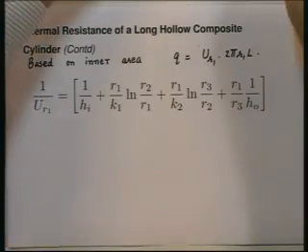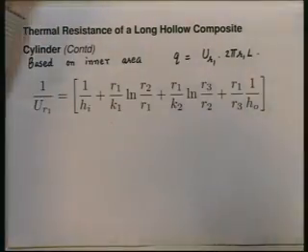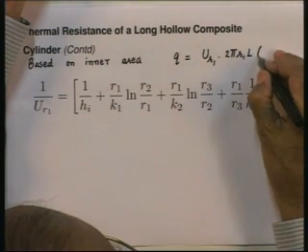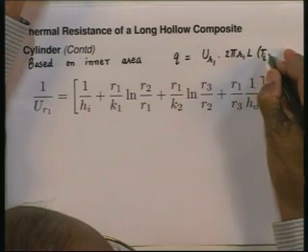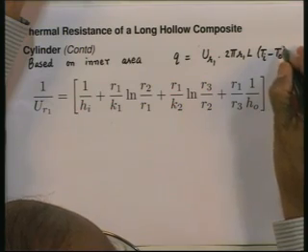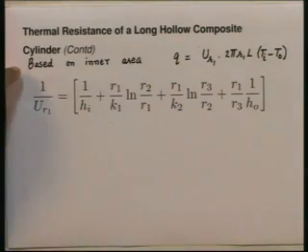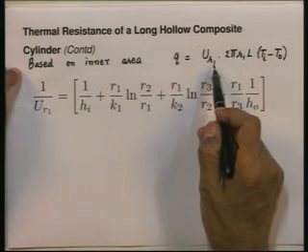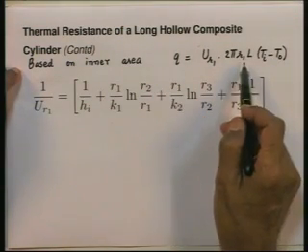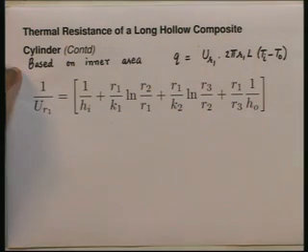And what is the temperature difference? T_i minus T_o. That is my definition of the overall heat transfer coefficient based on the inner radius R1, where the area would be 2 pi R1 L.